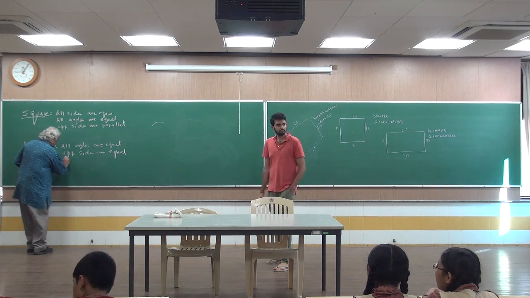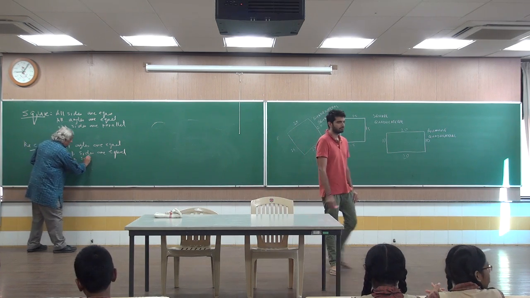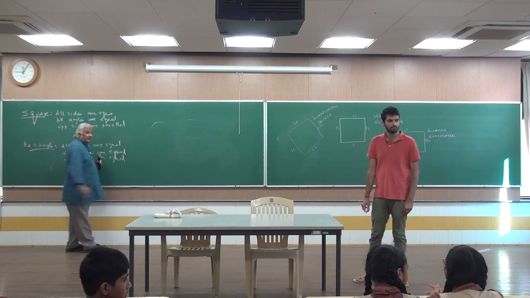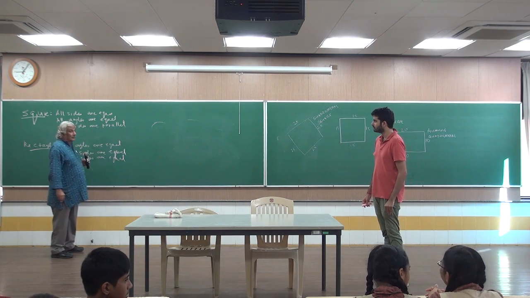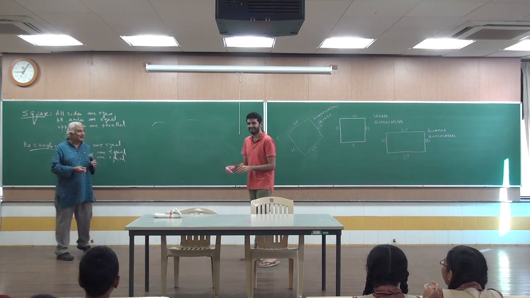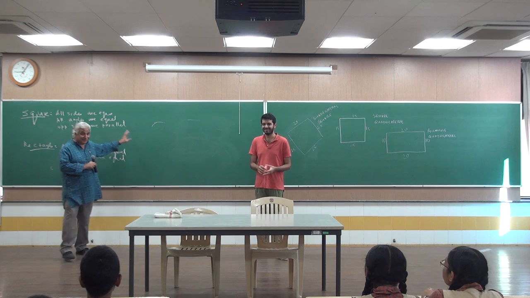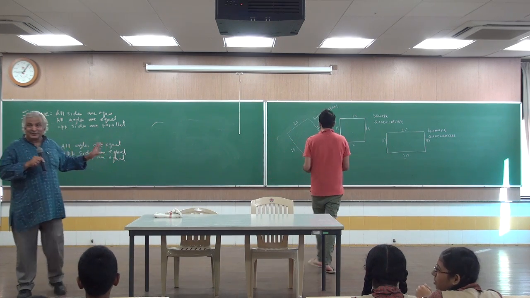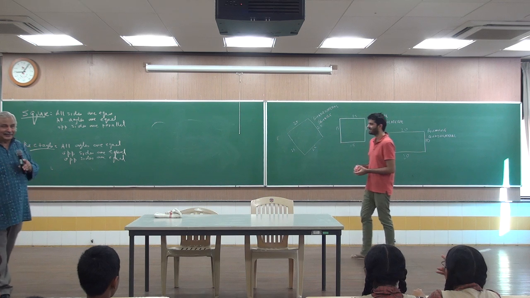On the square, you may want to add that the diagonals are equal and they bisect each other at 90 degrees. Yeah, let's keep it simple. We need to understand this first. You guys know much more geometry than any of us. So this is getting very complicated.